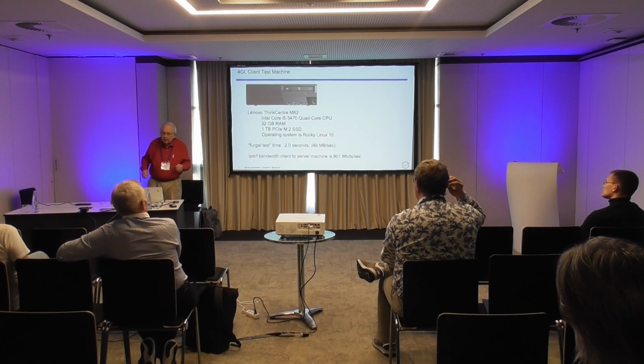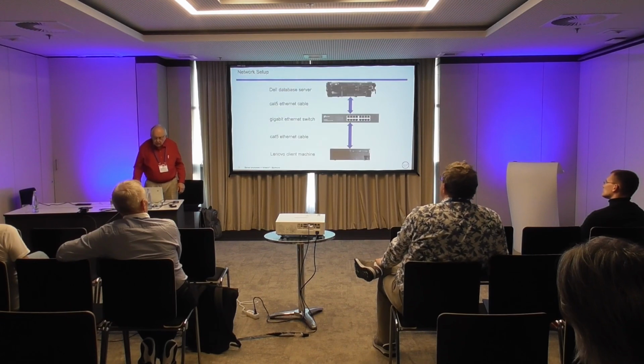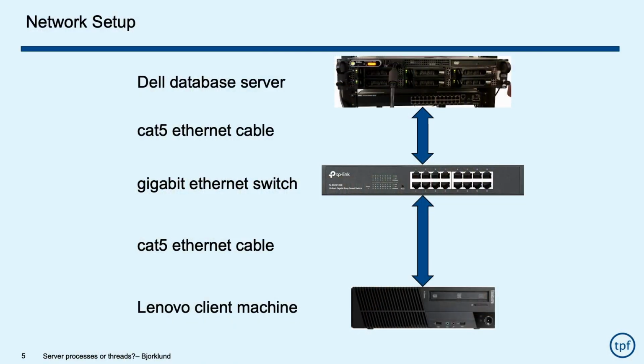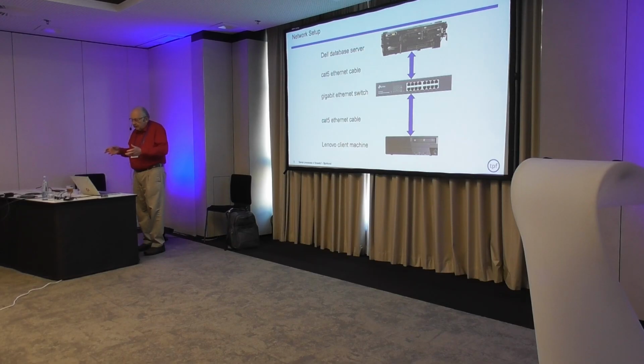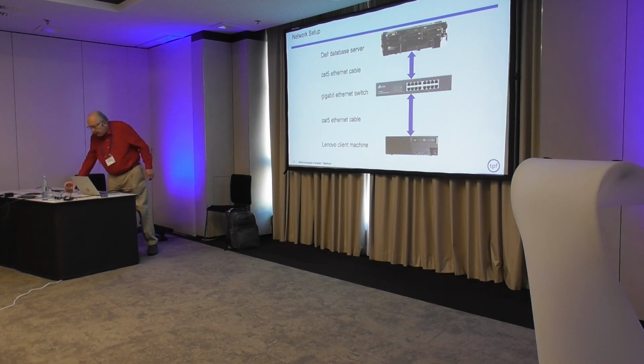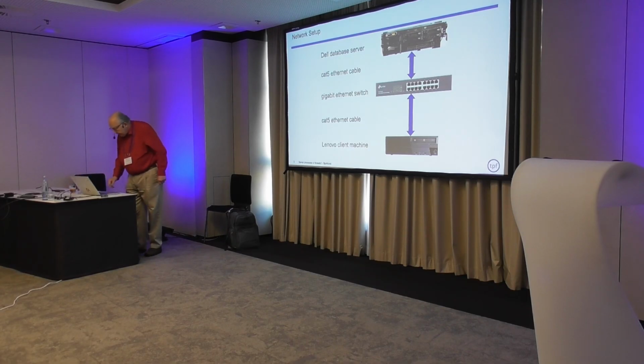It's a gigabit Ethernet connection that goes through a switch between the two machines. So they're close together, and the network connection between them can run pretty close to full speed. Okay, so that's the test setup.